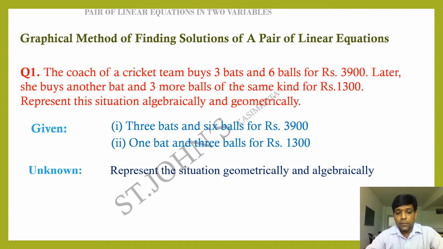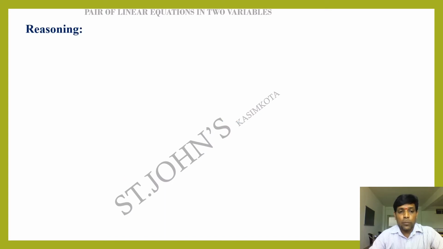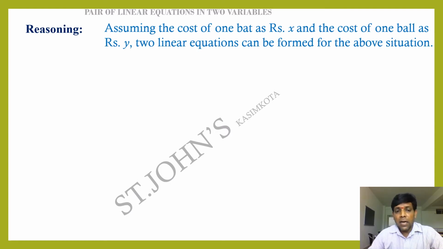Next one: solution reasoning. So what is the reasoning part? Which type of method is suitable for the given condition? Here the bat cost and ball cost, these two are unknown values.